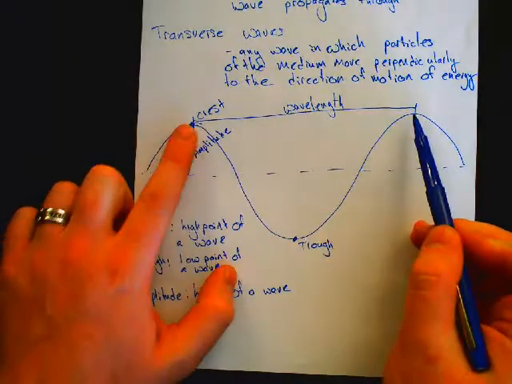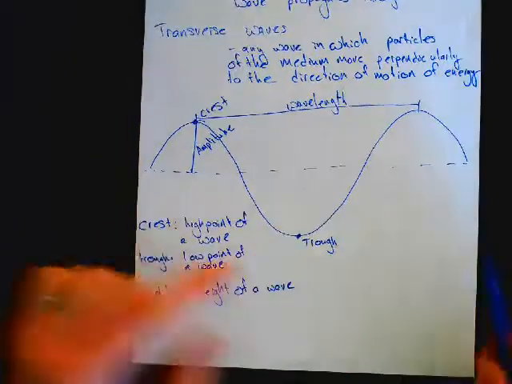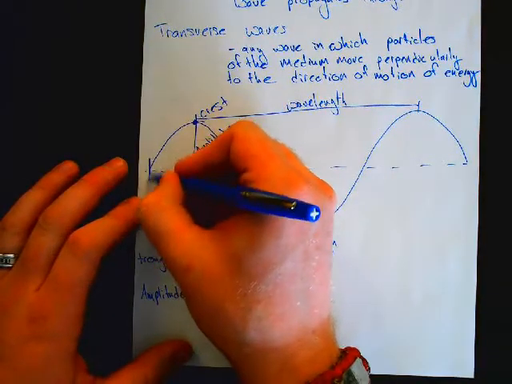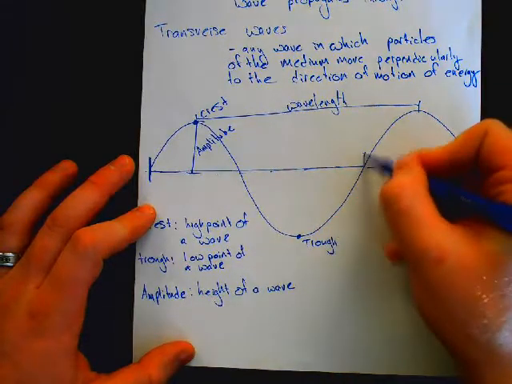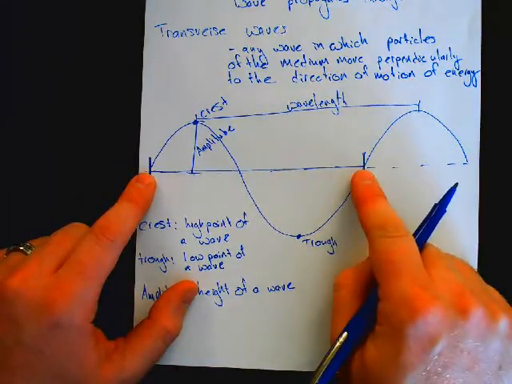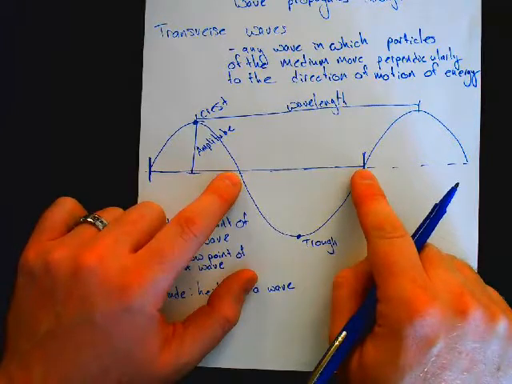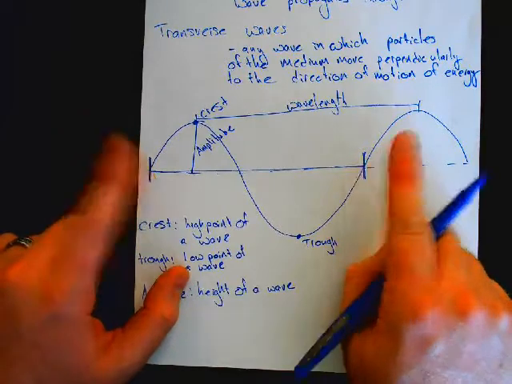Sure, I can go crest to crest. I can go trough to trough, but I could also draw a wavelength from here to here, showing that it's at this point that's going up to this point that's going up. Not here to here. Those aren't identical points. This one's coming down, that one's going up. Here to here, they're both going up.